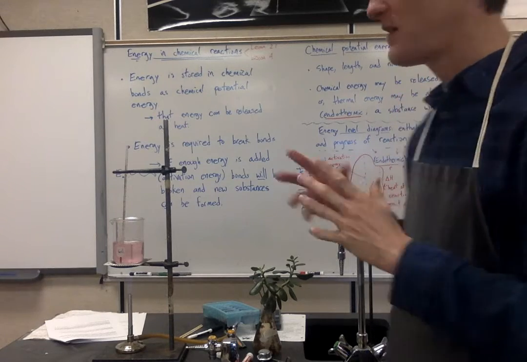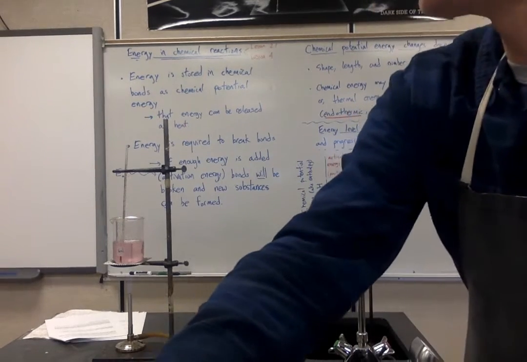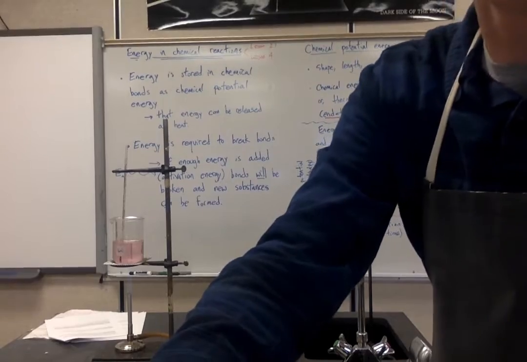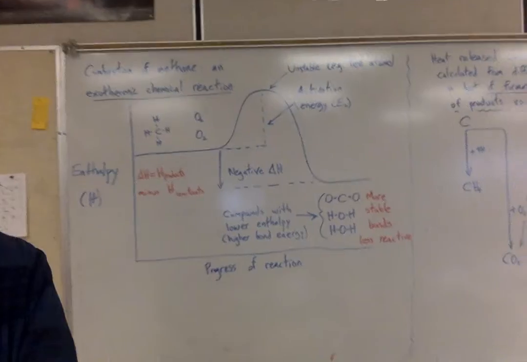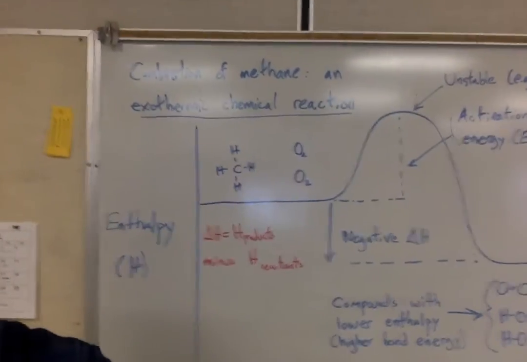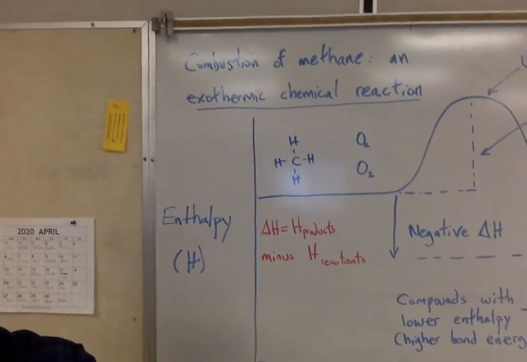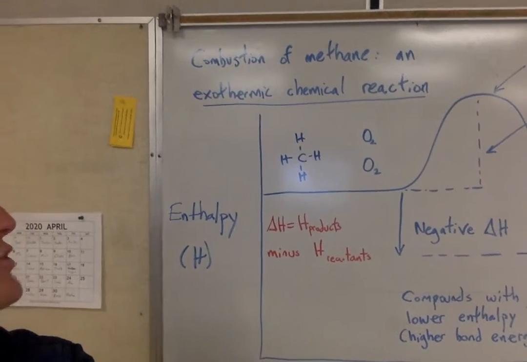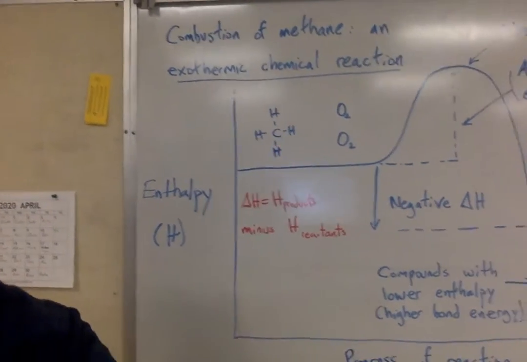So, having covered those concepts, I'd like to zero in a little bit on the combustion of methane gas. What I have here is the combustion of methane, an exothermic chemical reaction.